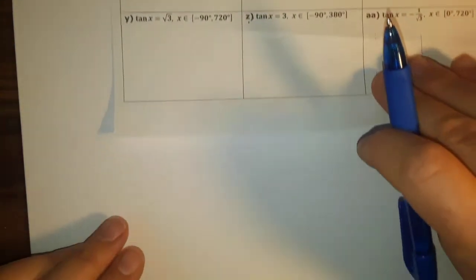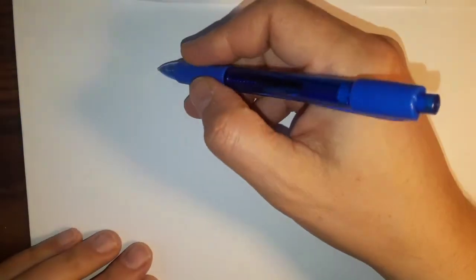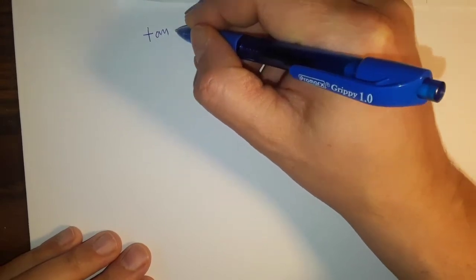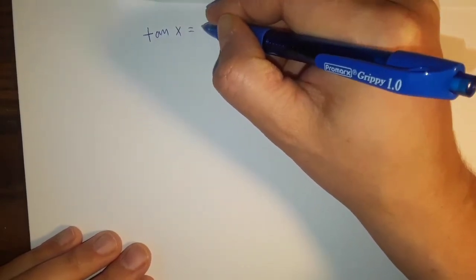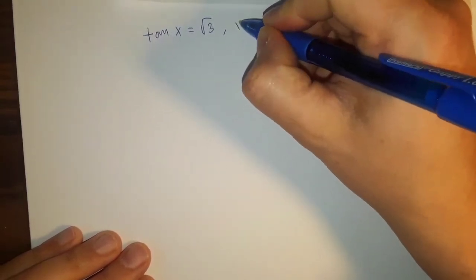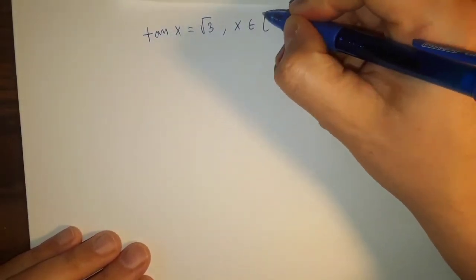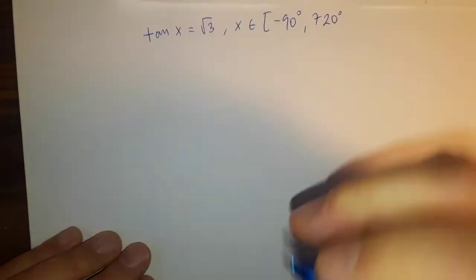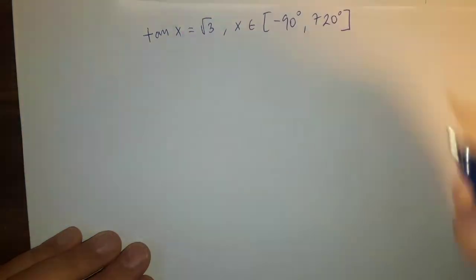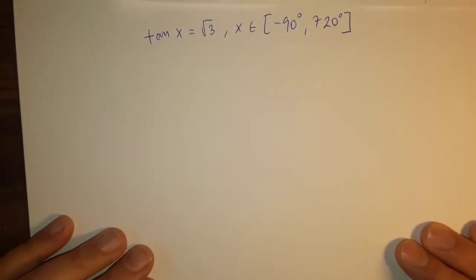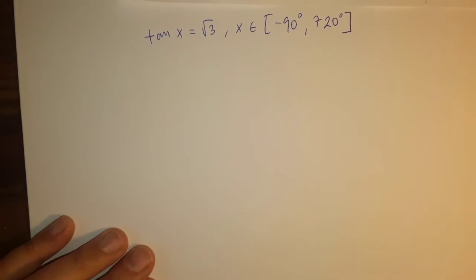Okay, so we're going to try to solve this: tangent of x equals square root of 3, and they're restricting the domain from negative 90 to 720. How do we solve trig equations?